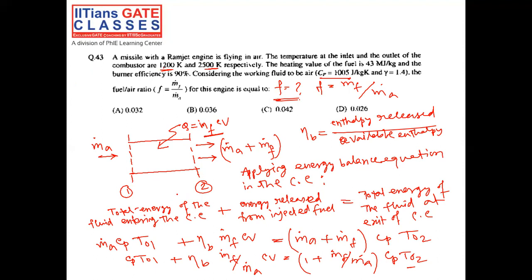So if we just substitute the value, what we will get is Cp into TO1, TO1 is 1200, plus F into eta B, which is 90%, so 0.9 into Cv, which is 43 megajoule.